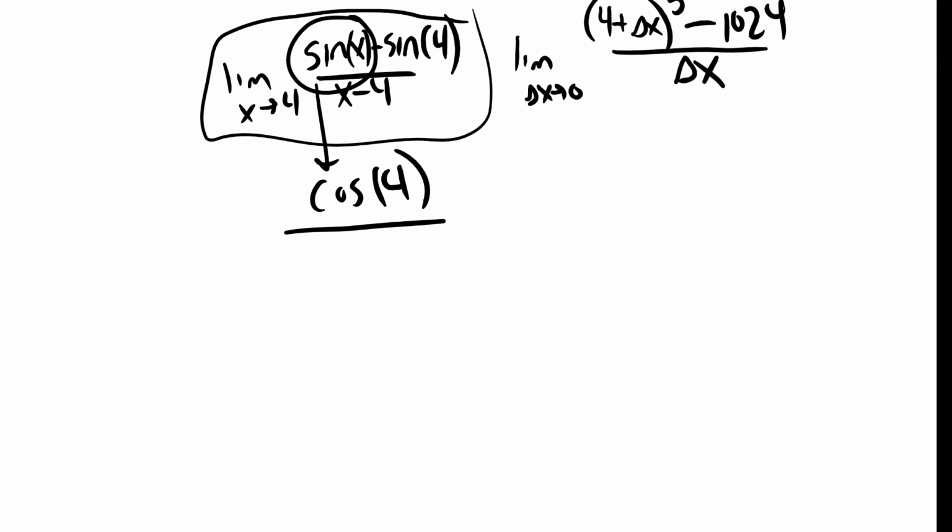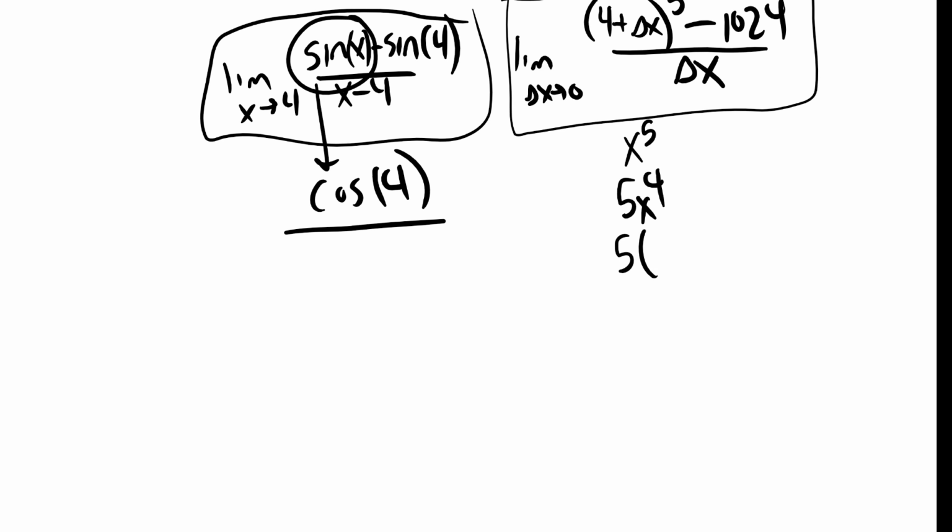And this is just the limit definition with, instead of x, I plugged in 4. And so all I do is just take the derivative of something to the 5th and plug in 4. 256. And that's it.